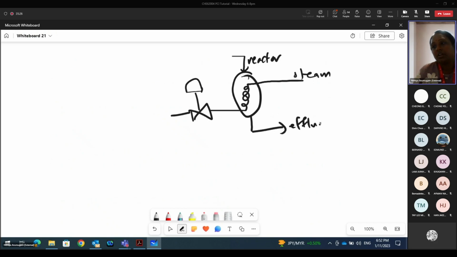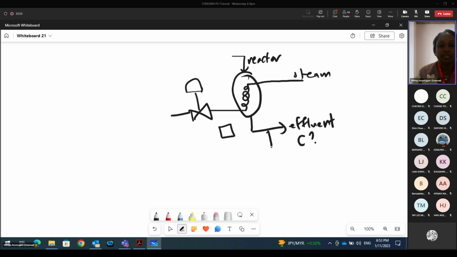The question is asking us for the composition of the product in the reactor effluent. So the composition here we don't know, we need to calculate. Here we will also have a controller which controls the system or identifies malfunctions.